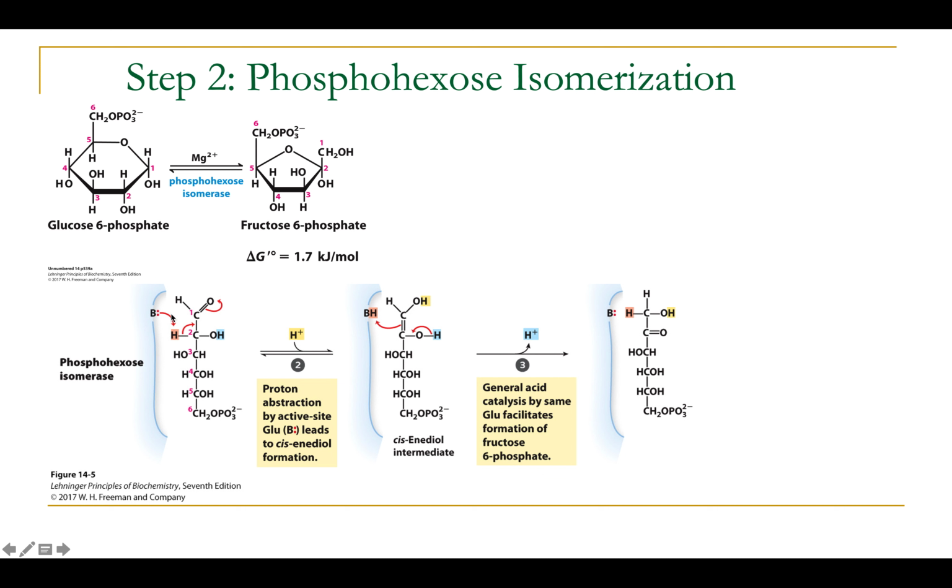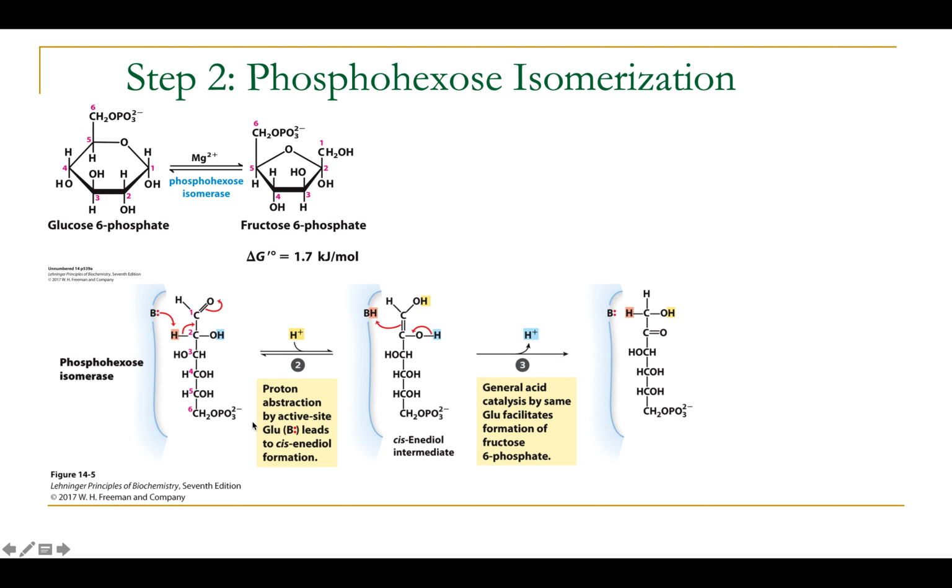The job of the enzyme is to move two hydrogen atoms from the second position to the first position, thus converting the first carbon from aldehyde to alcohol and the second carbon from alcohol to a carbonyl group, a keto group.